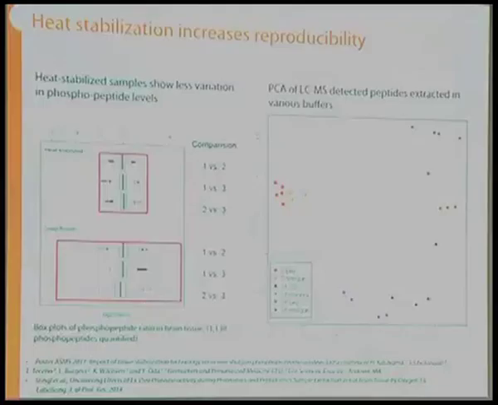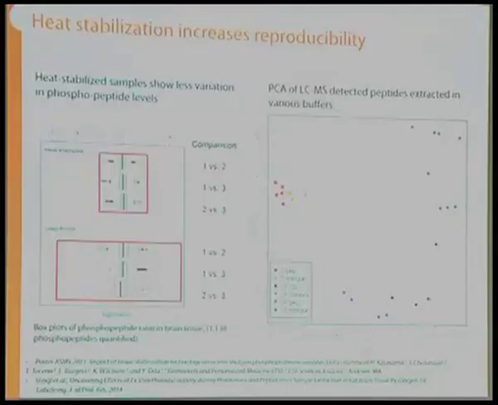A better way of showing this is through a PCA plot, principal component analysis, where all the variability in the sample is plotted onto two or more, in this case two, principal components. Every sample becomes one spot.